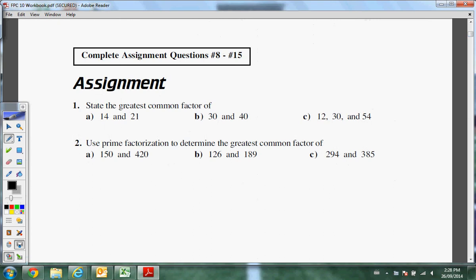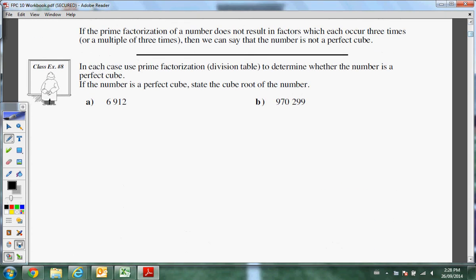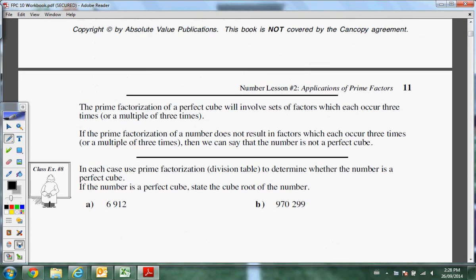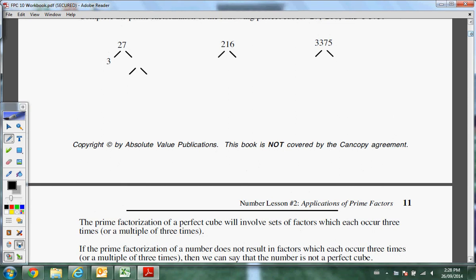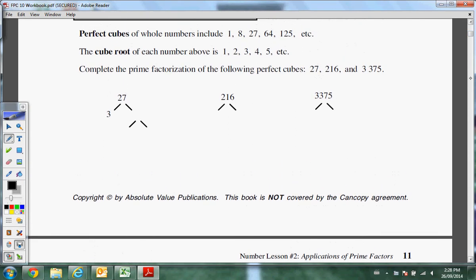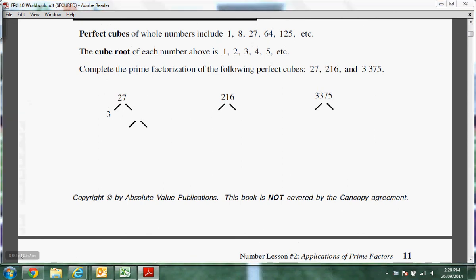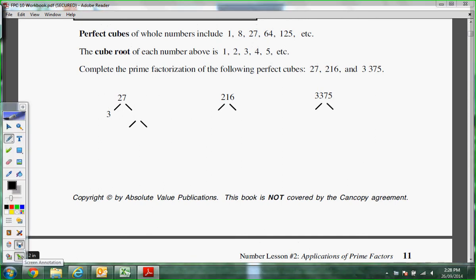Okay, so perfect cubes, we're looking for groups of 3. So 27 breaks into 9, which breaks into 3 times 3. 27, that's 3 3s right there. Okay, that makes 27 a perfect cube. 27 is 3 cubed.